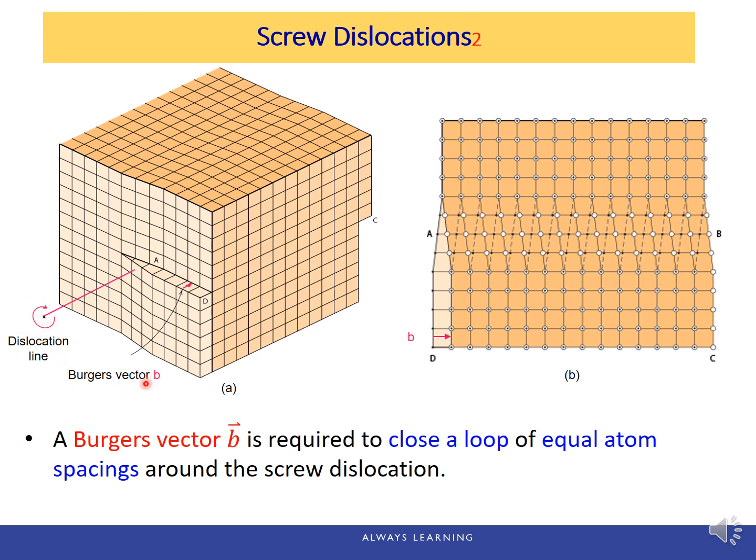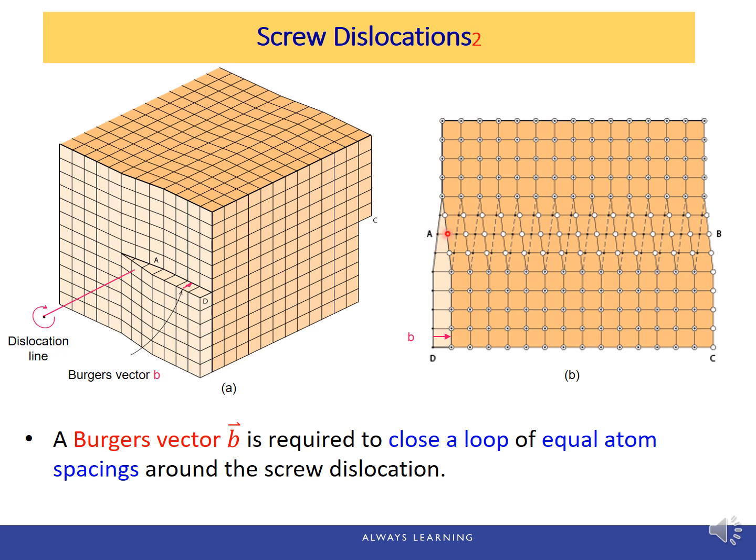And again, we use Burgers vector to indicate the magnitude and the direction of the distortion. For this Burgers vector, we use the same method as before: it is required to close the loop of equal atom spacings around the screw dislocation. And here is the top view of the screw dislocation.